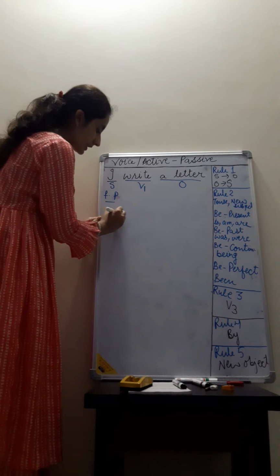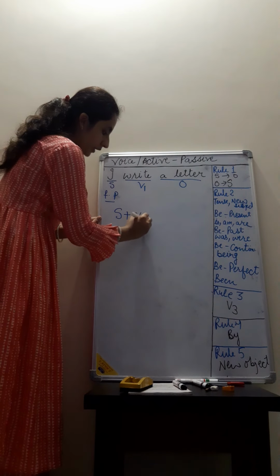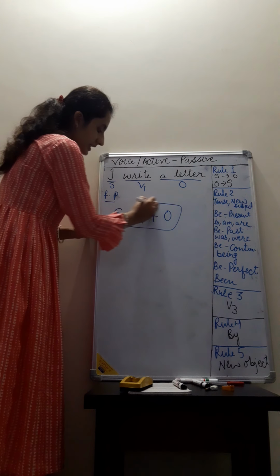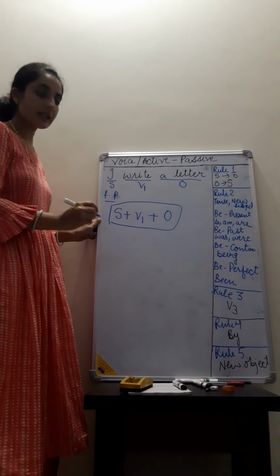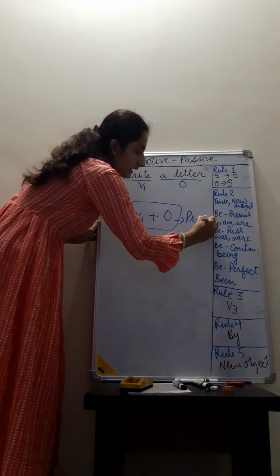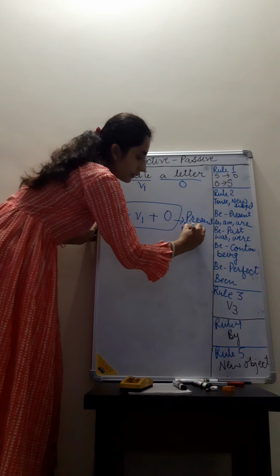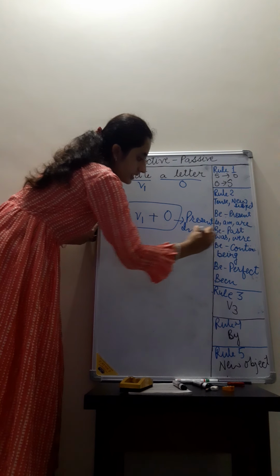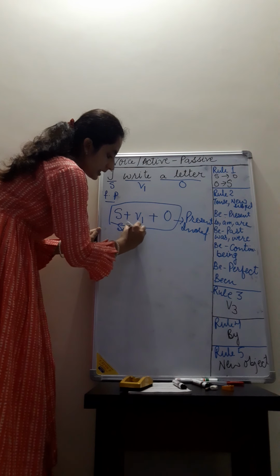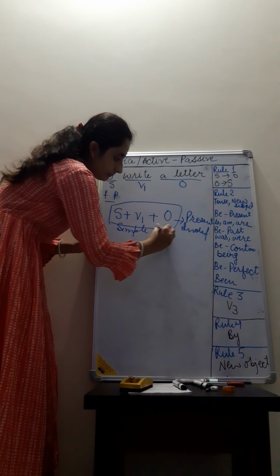If we see subject plus verb's first form plus object, which tense is this? This is present indefinite tense, or you can say it is simple present.